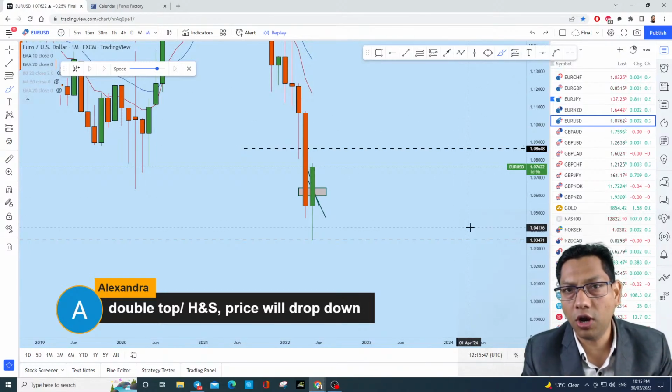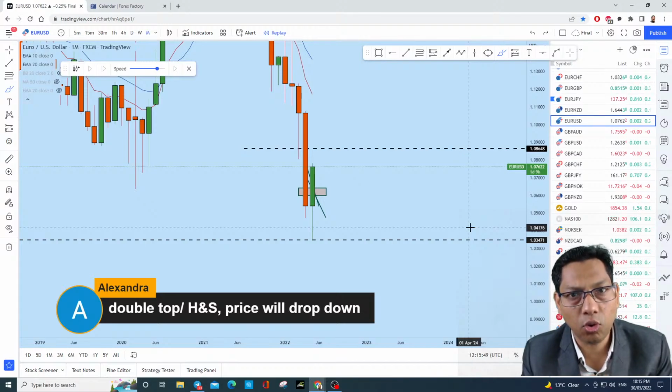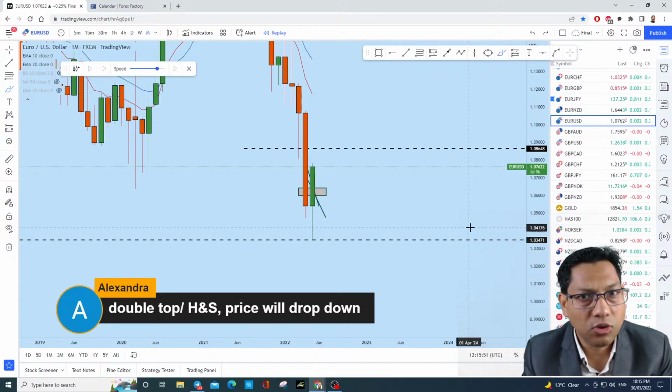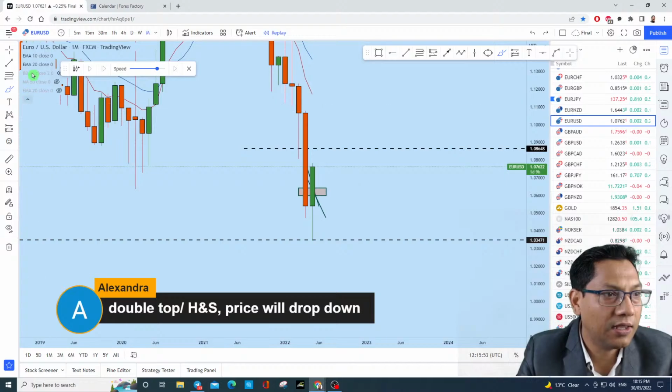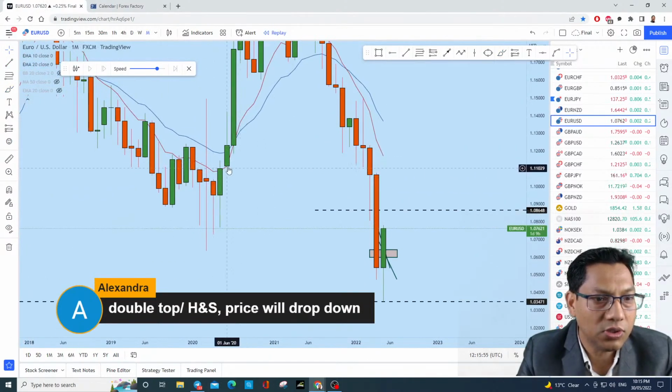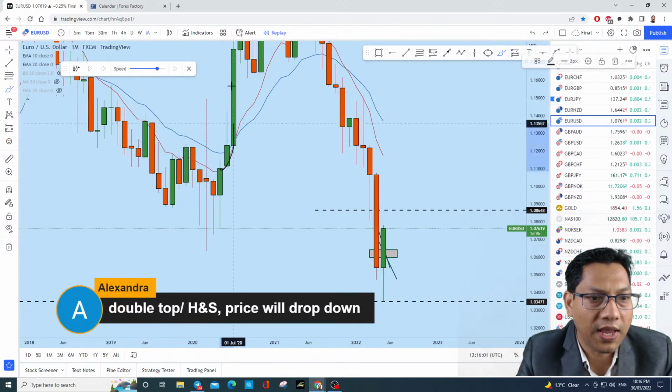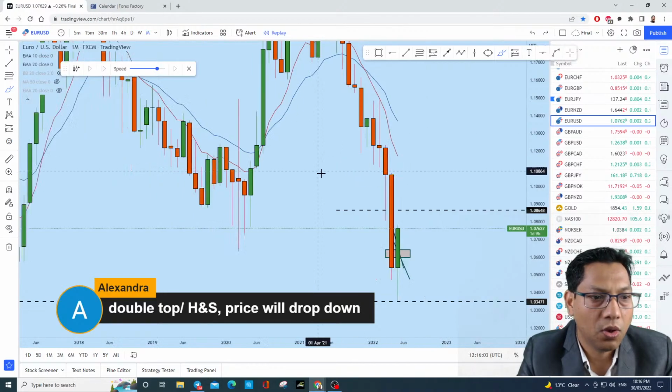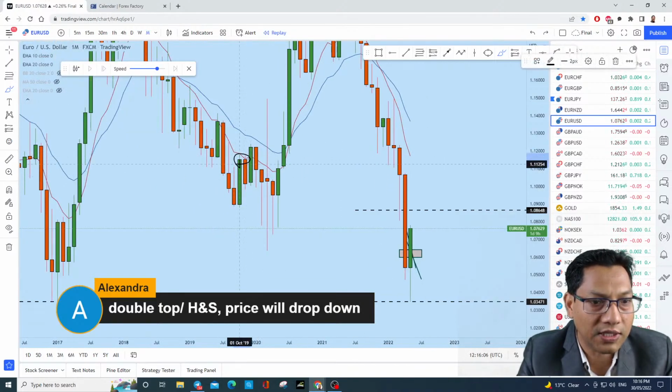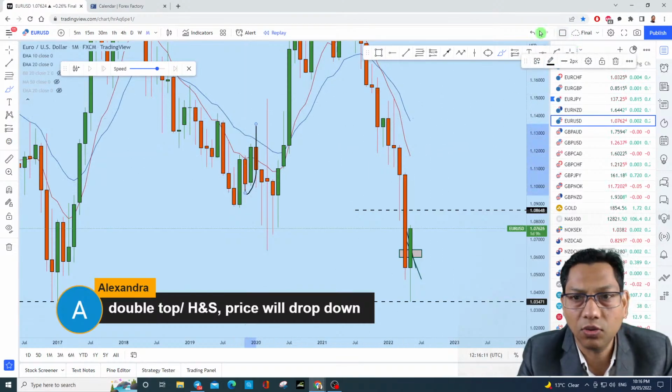Once the euro dollar monthly candle closes, I will be waiting to see whether it could do like this. You see there is a gap opening, the same thing here. After this monthly candle there is a gap opening and the price started to move up, or it could do something like this. After the monthly candle close, the next one came down for a retracement and then started to move up.